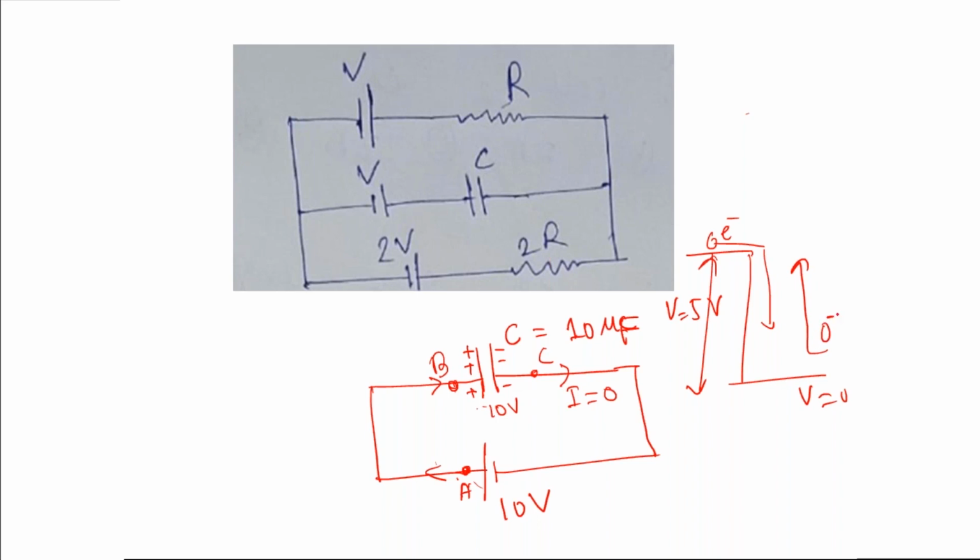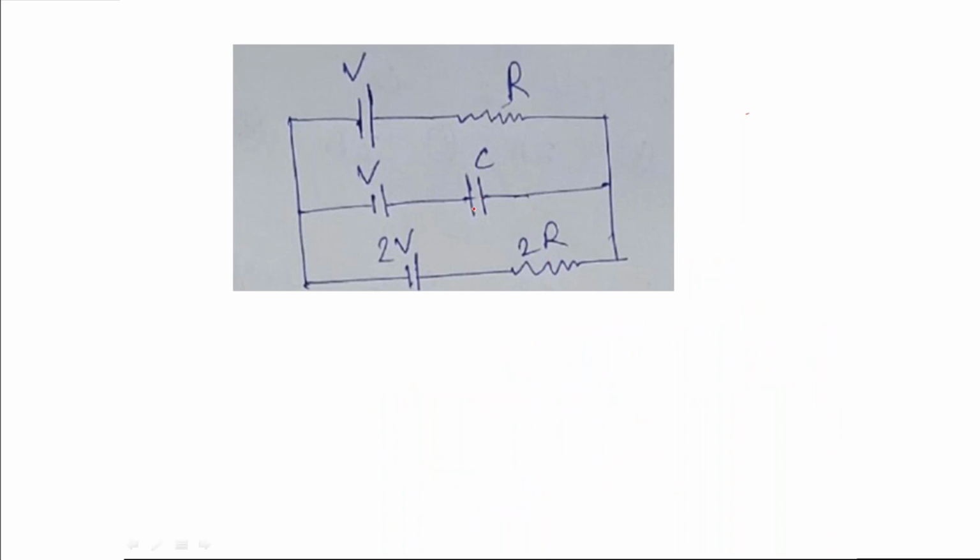The direction of flow of electrons will be opposite: electrons, being negative particles, go from lower potential to higher potential, so the current will flow in the opposite direction. This is how, when there is a potential difference, current flows through it.